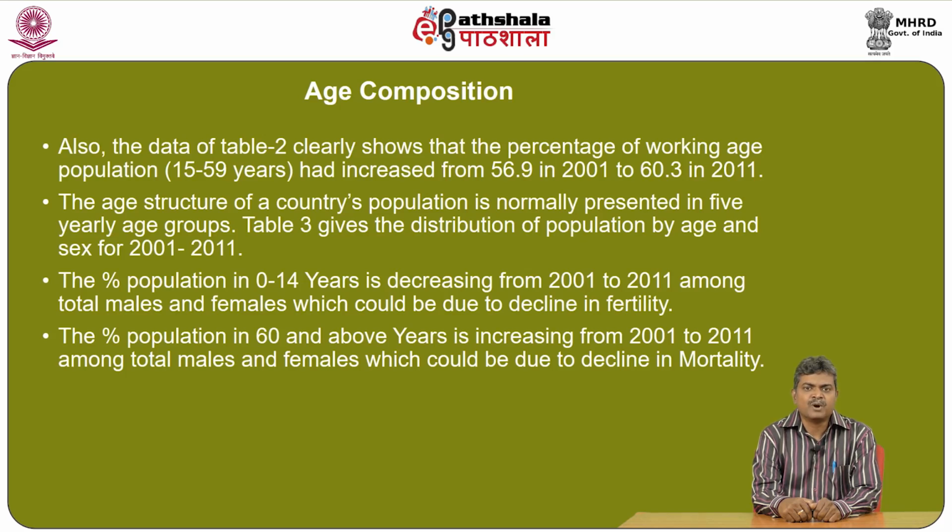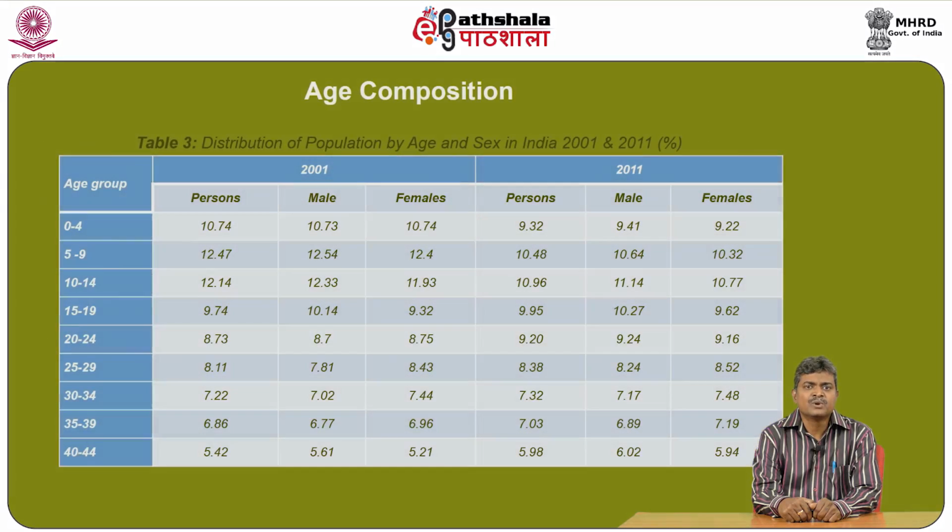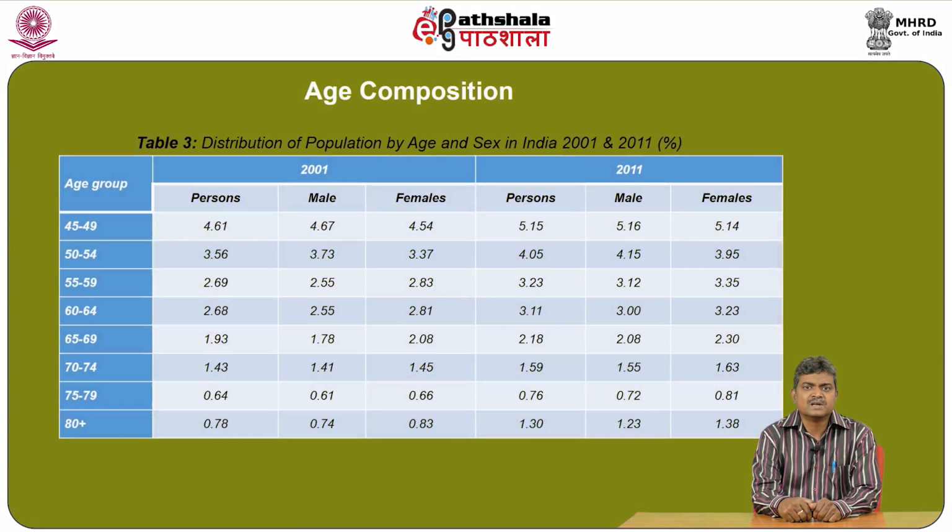The percent of population in 60 and above years is increasing from 2001 to 2011 among total males and females, which could be due to a decline in mortality. We can see this table, distribution of population by age and sex in 2001 and 2011.